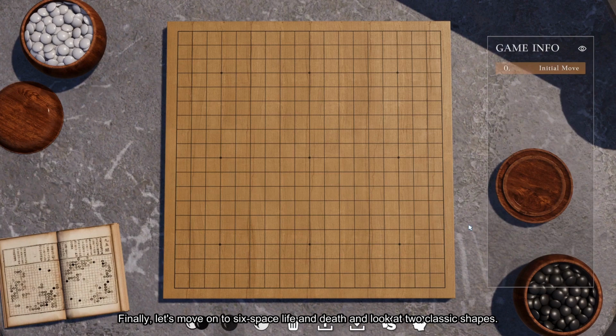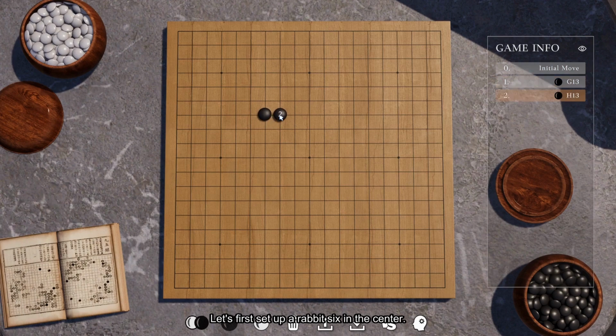Finally, let's move on to 6-space life and death and look at two classic shapes. These two shapes are known as the rabbit 6 and the rectangular 6. Let's first set up a rabbit 6 in the center.